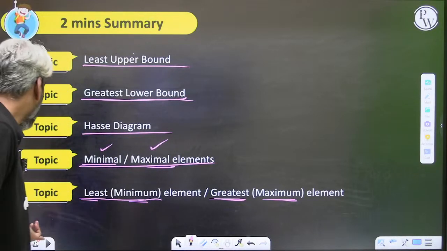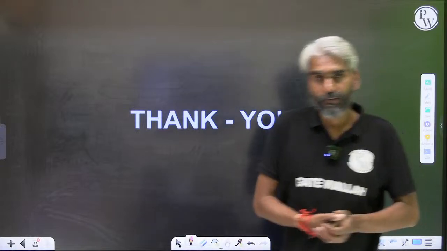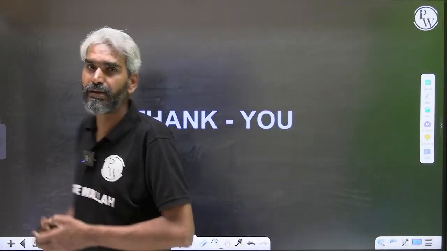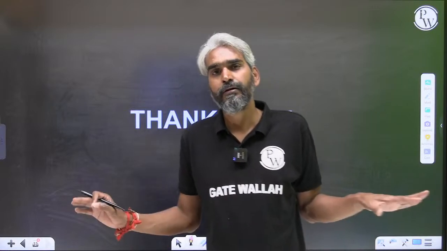So that will be all related to least upper bound and greatest lower bound of the poset, the representation of least upper bound and greatest lower bound in the Hasse diagram, and minimal elements in the poset, maximal elements in the poset, and minimum and maximum, that is least and greatest element of the poset. So we have covered everything.